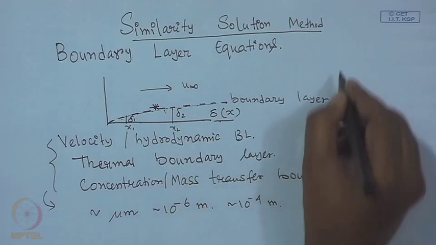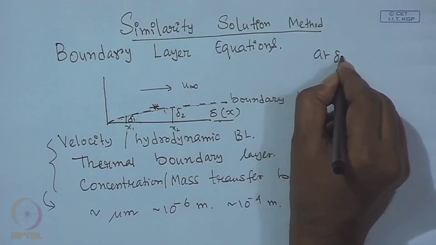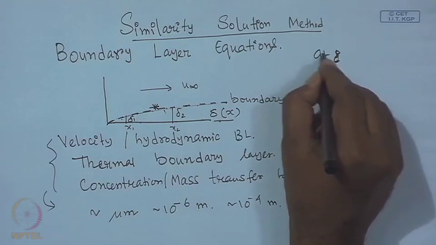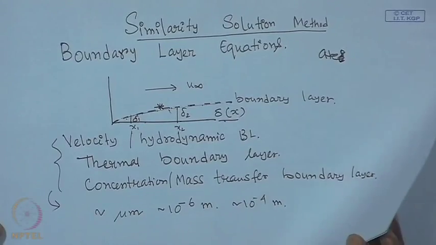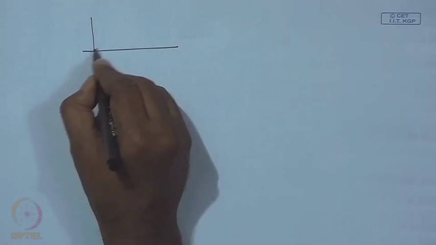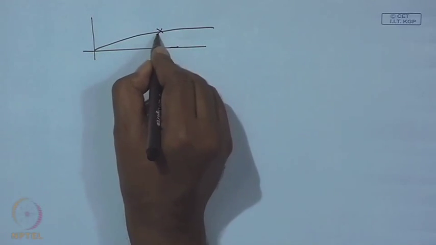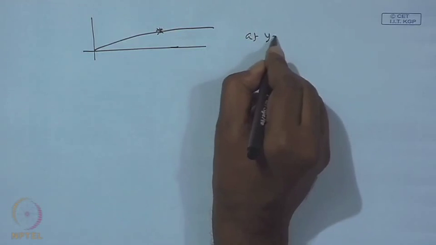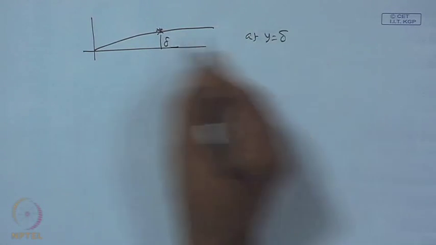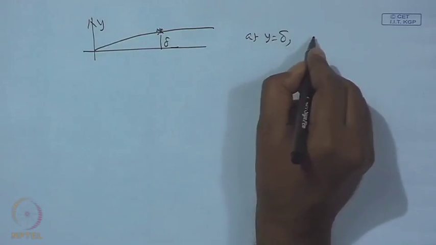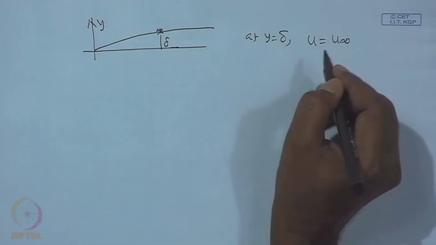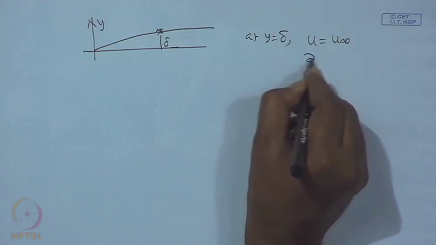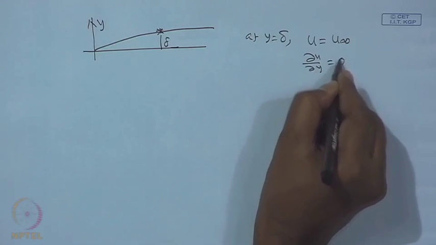At y equal to delta, at the edge of the boundary layer, u is equal to u free stream and del u del y should be equal to 0.